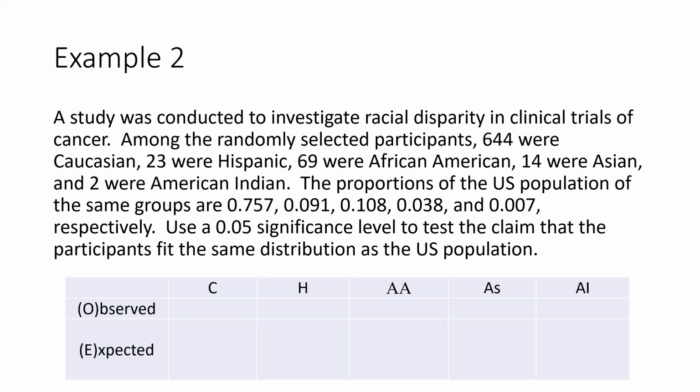So now the question is, does our sample represent the population? Are the proportions in the sample the same as the proportions in the population, or was there bias in how they selected participants in that study? So let's take a look at this problem together.